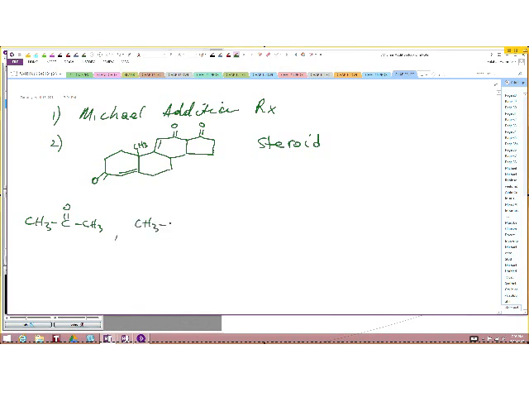In other words, these are the sources of your carbon atoms in this molecule here.